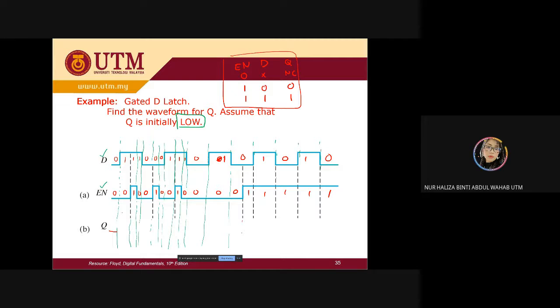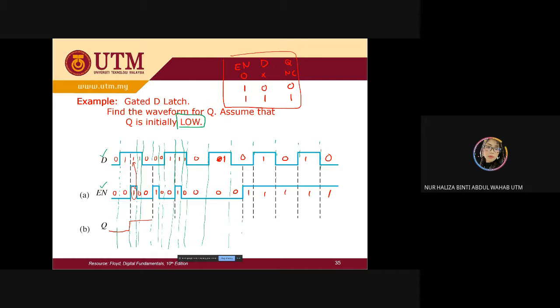This is the table just now that you need to remember. Okay, for 0, nothing changed. I meet my 1 now. So my 1 here, I need to check my D. So my D is 1. So that's why I'm going to change to 1. Next one, I meet another one is a 0. So I continue, no change. I meet 0, no change.